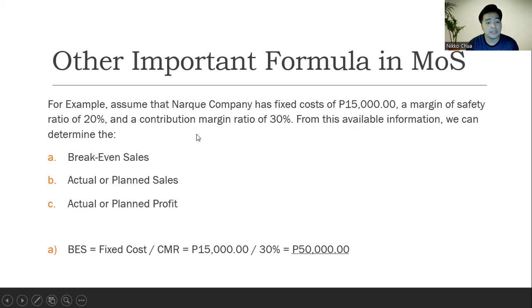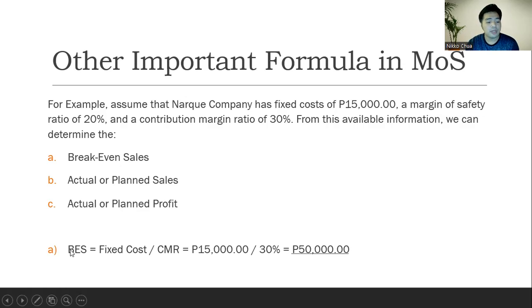Let's assume that the company has a fixed cost of 15,000 pesos, a margin of safety of 20%, and a contribution margin of 30%. From this available information, we can determine the break-even sales, actual or planned sales, and actual or planned profit.